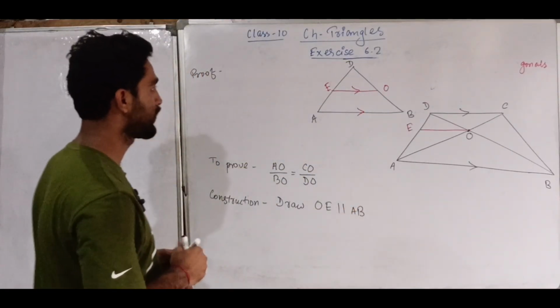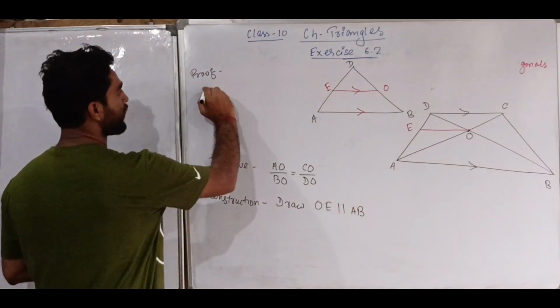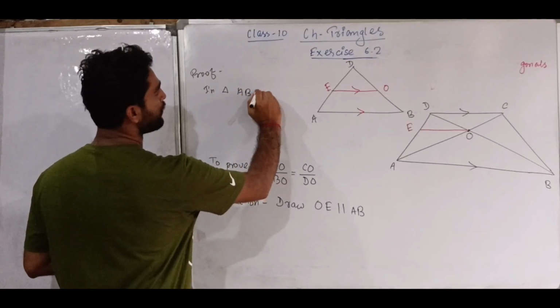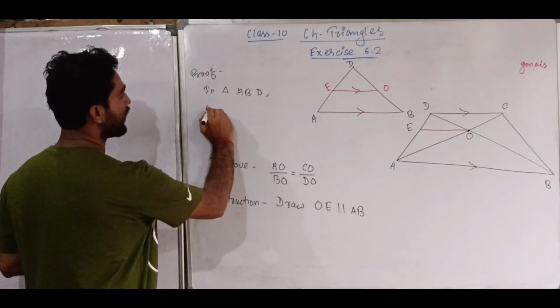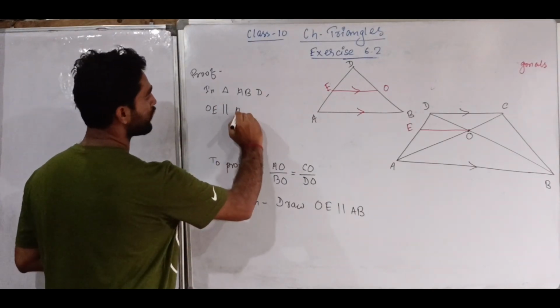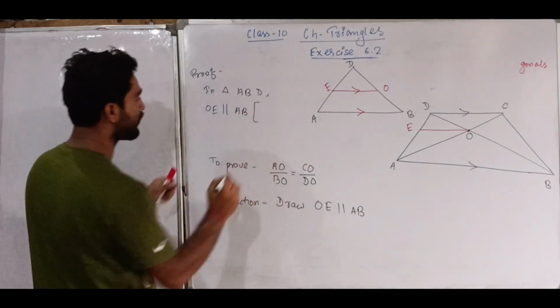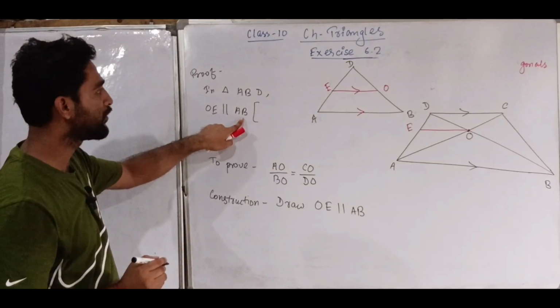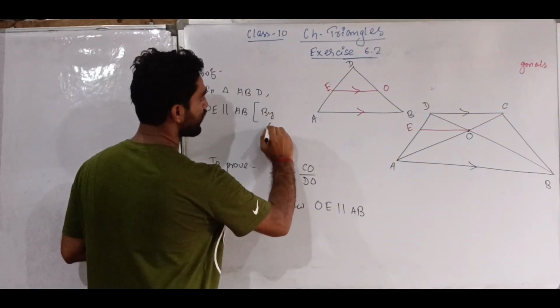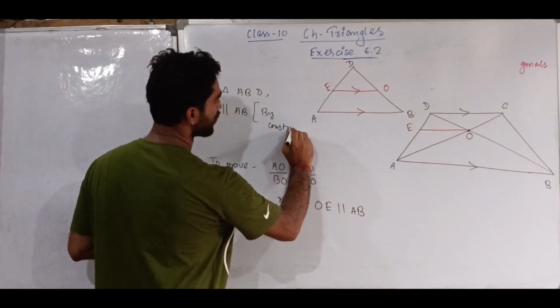So see, in triangle ABD, OE is parallel to AB. So from where do we know this OE is parallel to AB? By construction.